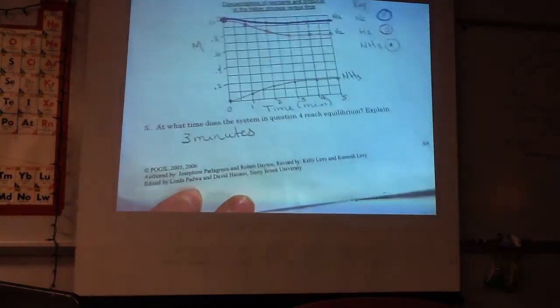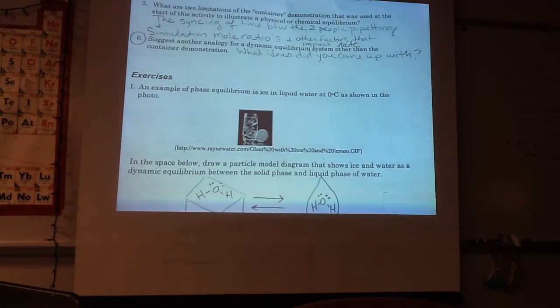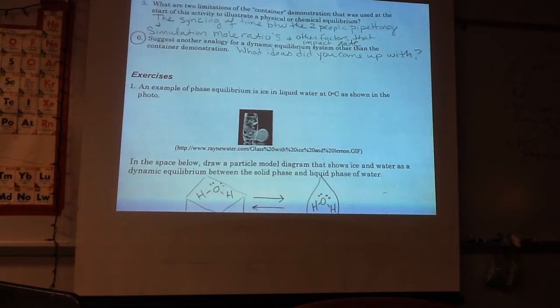Now on the back side of page 1, page 2, there's a question that asks you, what are the limitations to the container demonstration that our lovely classmates showed us? It is, first of all, syncing their timing, making sure that their movement is the same, so that we are really emulating the rate of a chemical reaction.